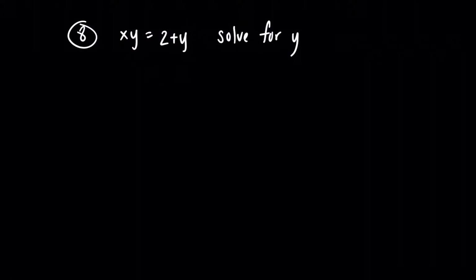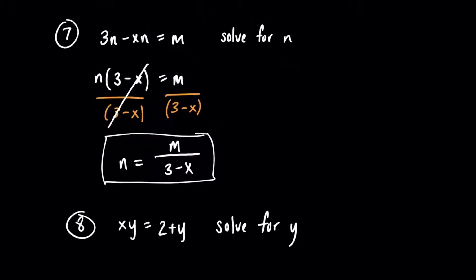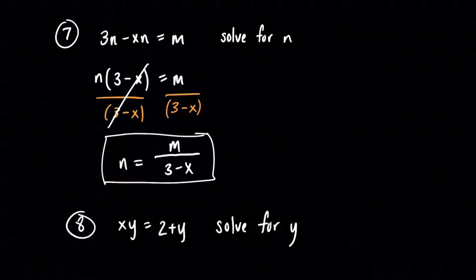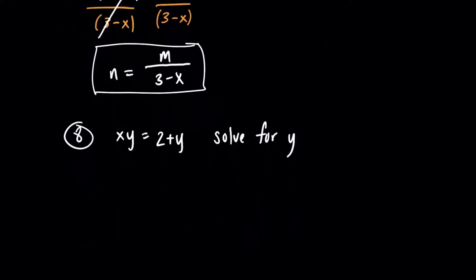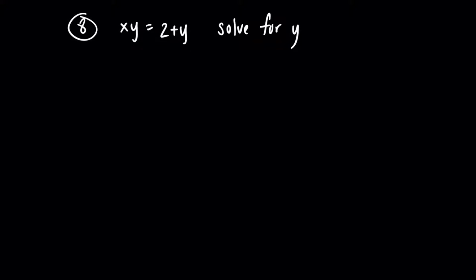So what I generally recommend doing is, if you have multiple terms with the variable that you're trying to solve for, get them both on the same side. In the last problem, the n's were already together on the left side. So what we're going to do here on number 8 is bring the y from the right side over to the left side.